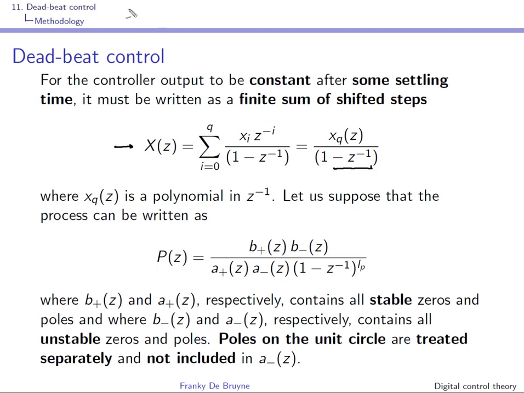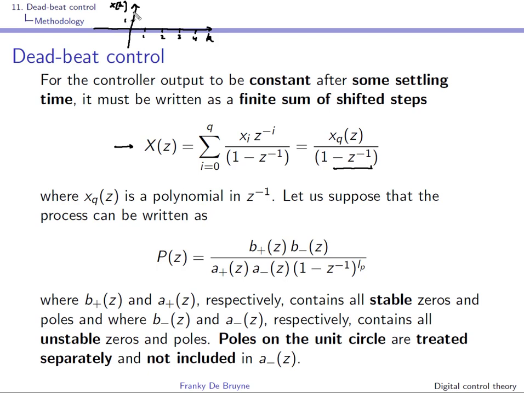Let's take an example of that. What I will draw is a typical controller output that will settle after some time. So this is k over here, this is x(k). We have 1, 2, 3, 4.